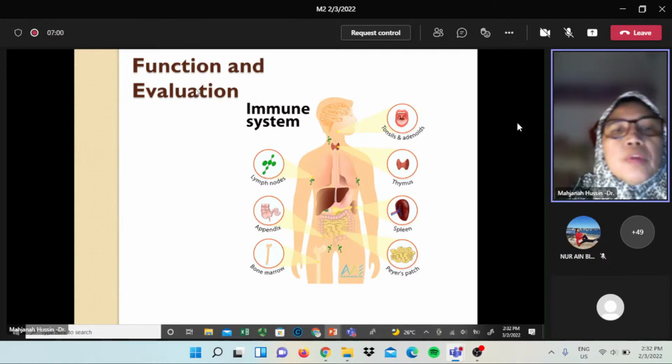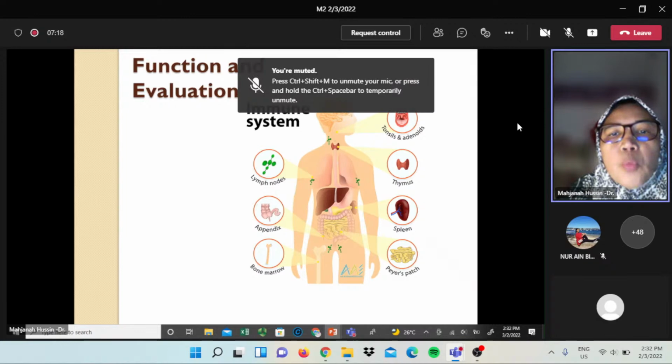Now we go back to the function and evaluation of the immune system. The function of the immune system, and the product will be your antibody. And how do we evaluate them at the status of disease?